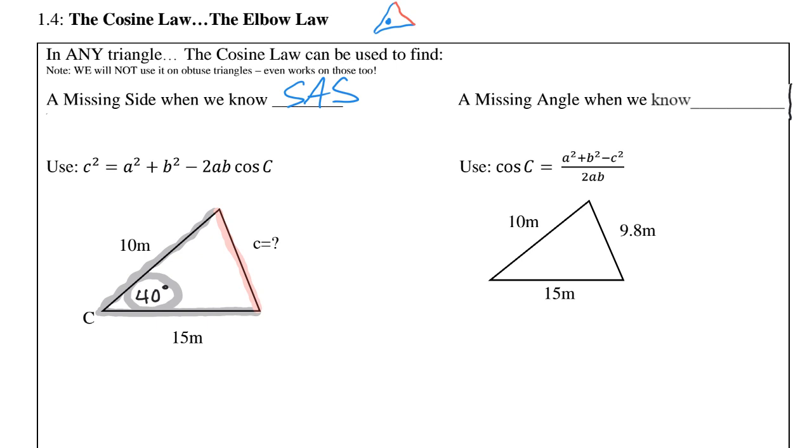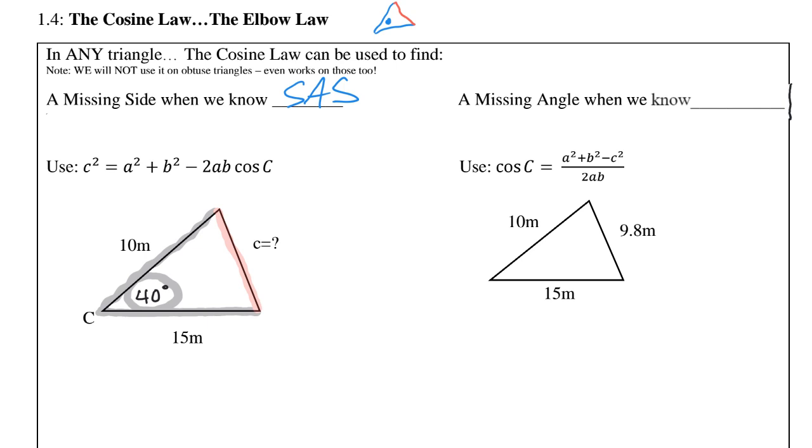So basically we're using something very similar to the Pythagoras Theorem, and this is it here: c squared equals a squared plus b squared minus twice ab cosine of the angle between them, i.e. the angle C.